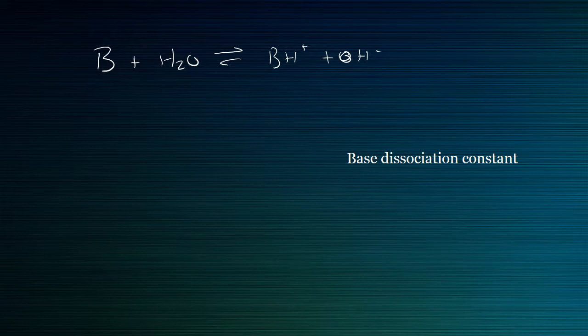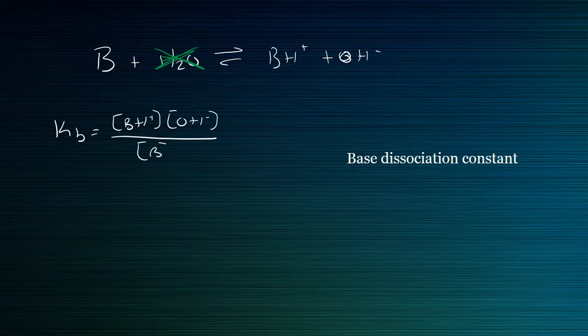So again, because Kw is present, we can ignore water as a constant. So that means Kb equals your conjugate acid times your hydroxide ion over the original base. And that is the base dissociation constant.